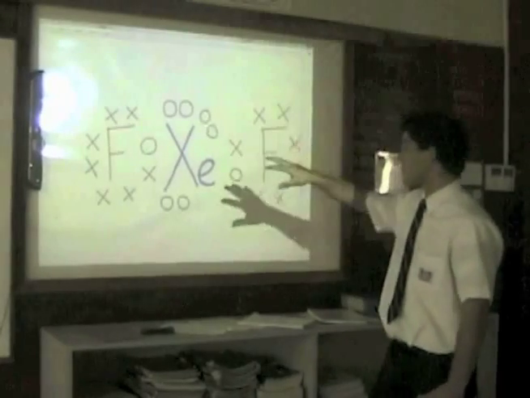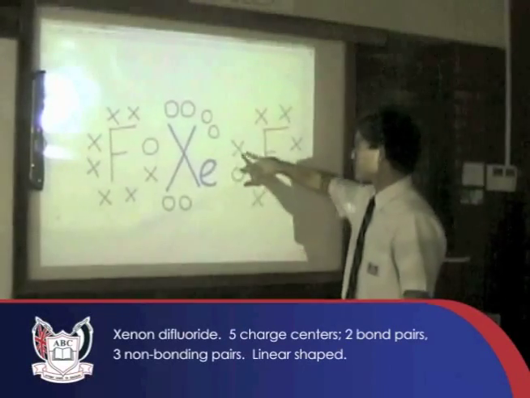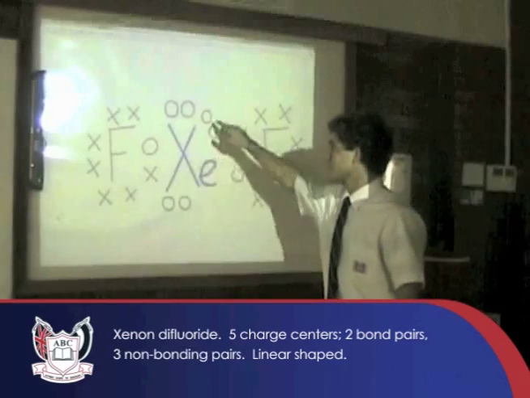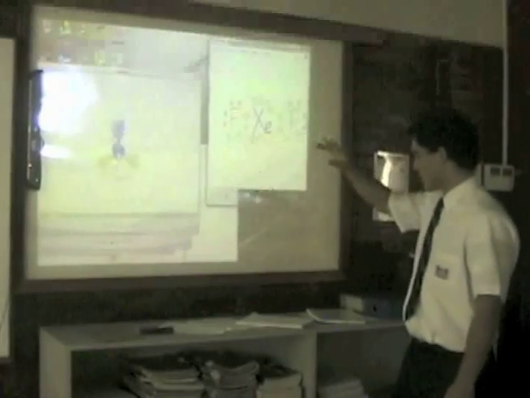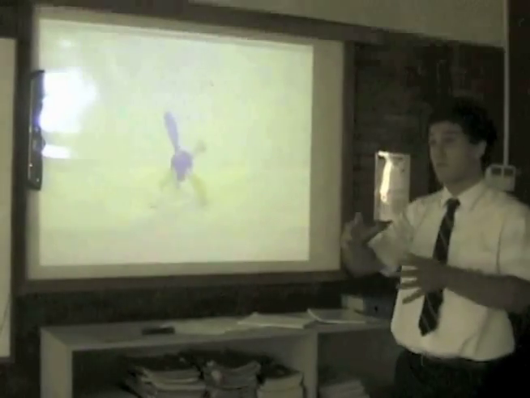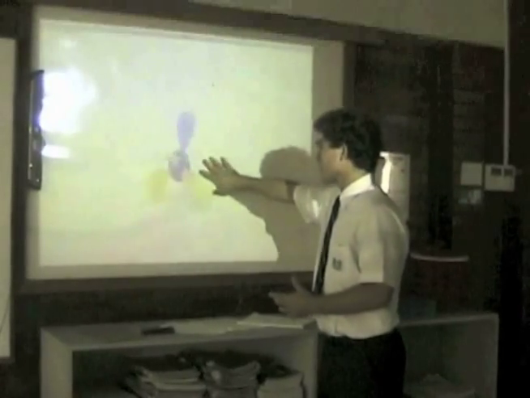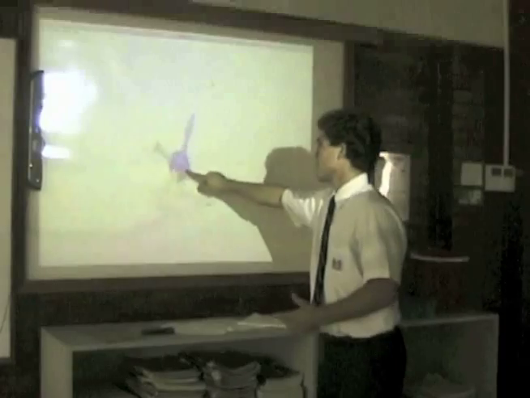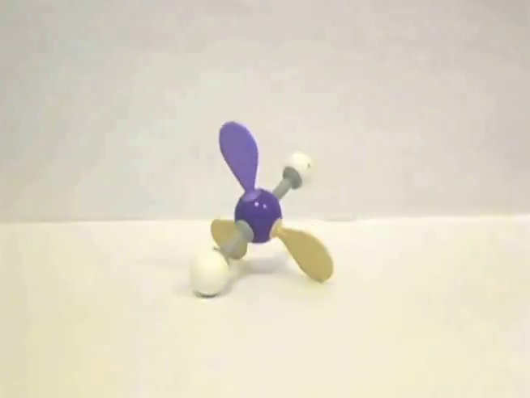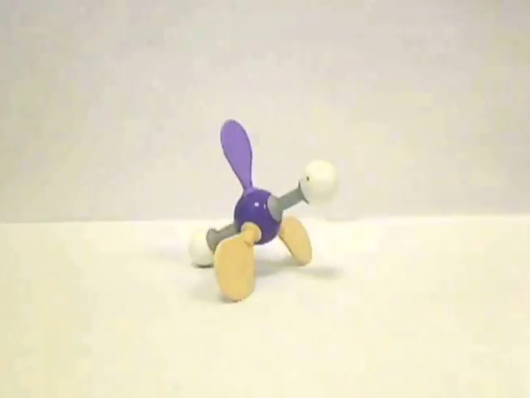It has 5 charge centers, of which 2 are bonding pairs and 3 are non-bonding pairs. Therefore, the shape of the charge centers would be trigonal bipyramid, and the shape of the molecule would be linear, as you can see. Its bond angles would be 180, and its hybridization would be dsp3.